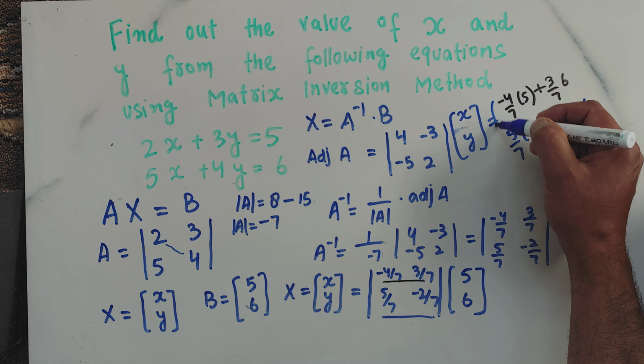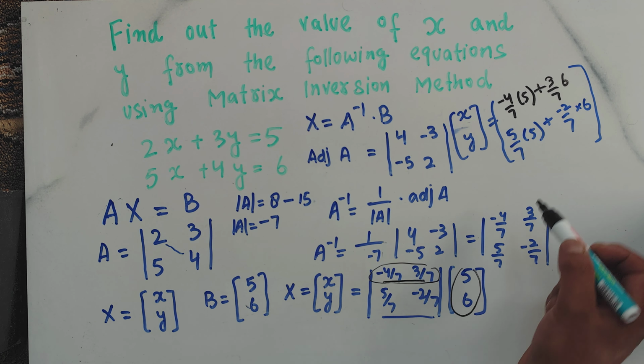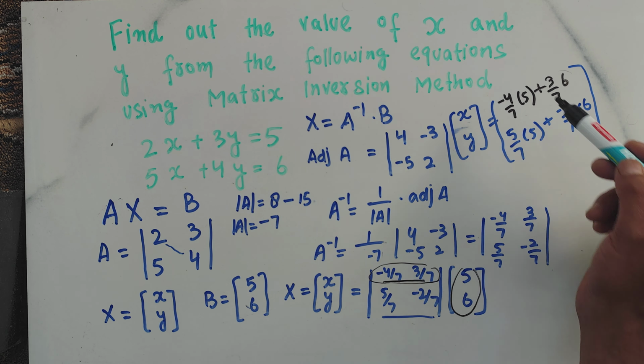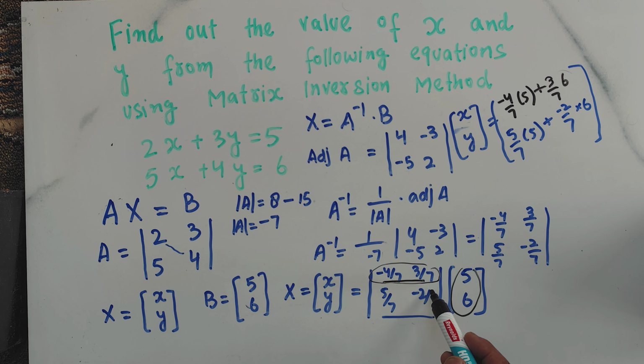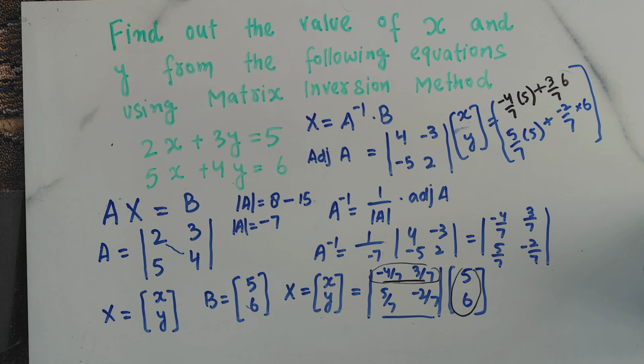So this is how I did the multiplication: we multiplied this row with this column and wrote it here, and then multiplied this row with this column and wrote it here.